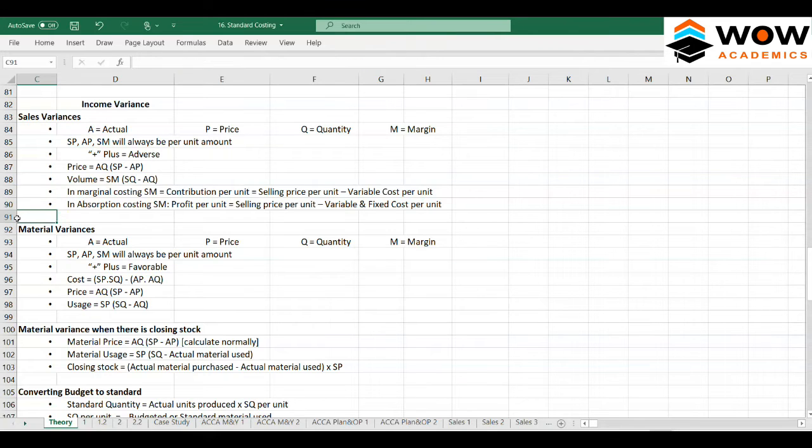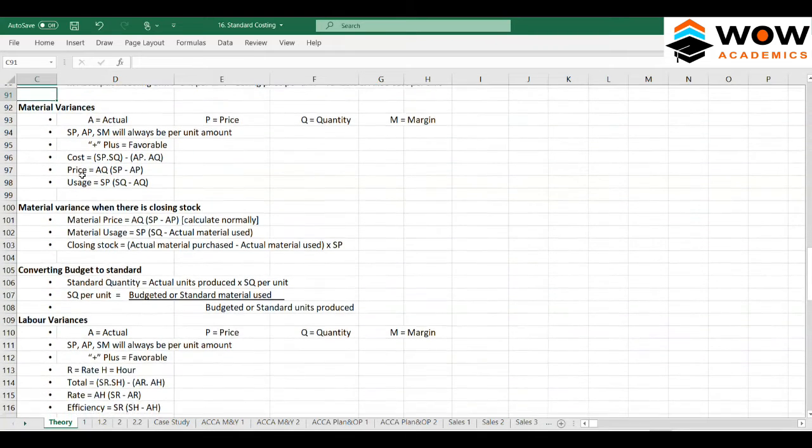The answer of all variances can be either a favorable variance or an adverse variance. We'll see those in a problem. We don't need to confuse a lot of things here itself.